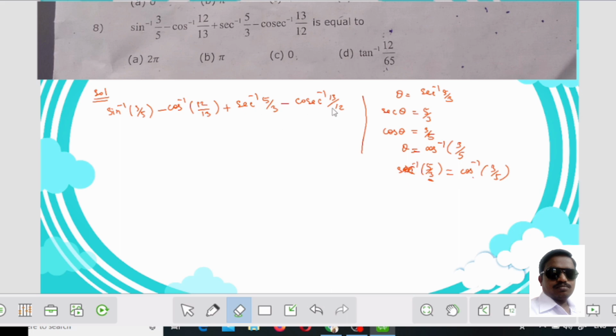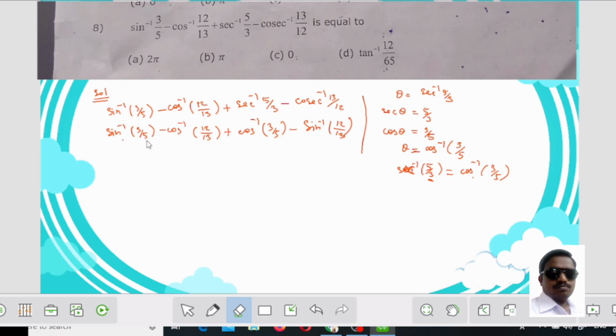In the same manner, while inverting this fraction 13 by 12 into 12 by 13, cosecant inverse will become sin inverse. So now using this fact here, sin inverse of 3 by 5 minus cos inverse of 12 by 13. Inverting this fraction into 3 by 5, secant inverse will become cos inverse of 3 by 5, and also cosecant inverse will become sin inverse of 12 by 13.